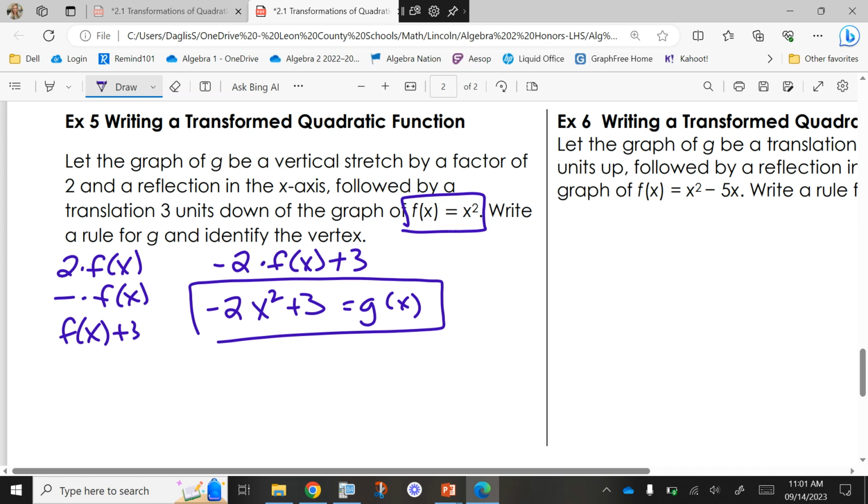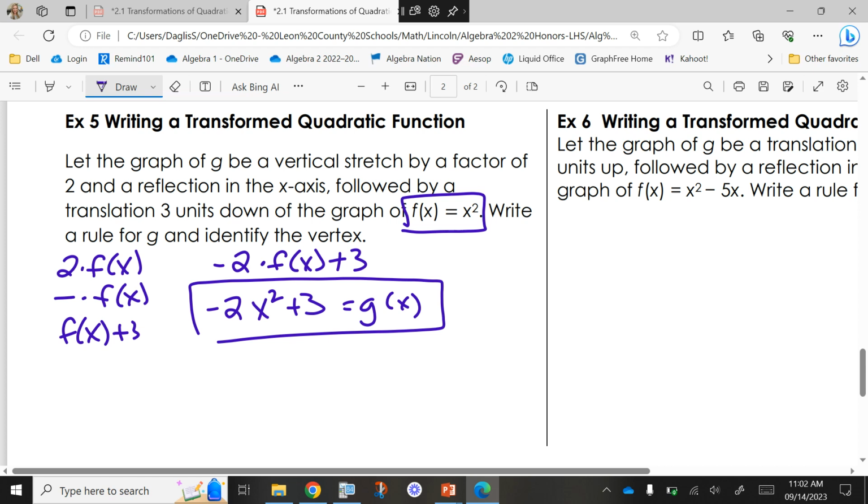Where did my vertex go? Where did it start? My parent function, where is my vertex? Oh, come on, kids. In your parent function, in just x squared, where is the vertex?